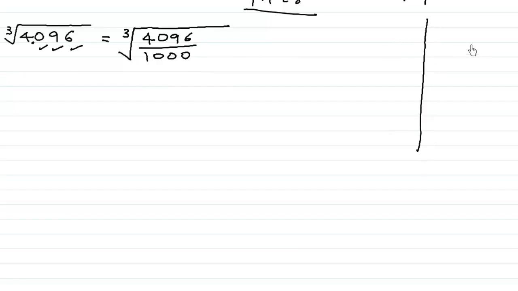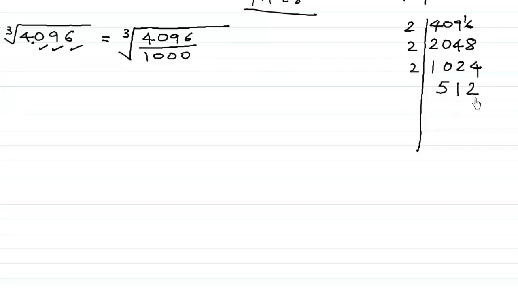Now we shall be factorizing 4096 in the column. So we know this is an even number, so we'll start with 2. So 2 2s are 4, 0 as it is, and 2 4s are 8, 1 carry, 2 8s are 16. Again with 2, 2 1s are 2, 0 as it is, 2 2s are 4, 2 4s are 8. Again with 2, 2 5s are 10, 2 1s are 2, 2 2s are 4.